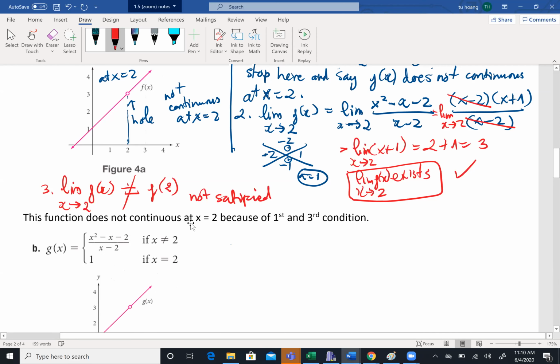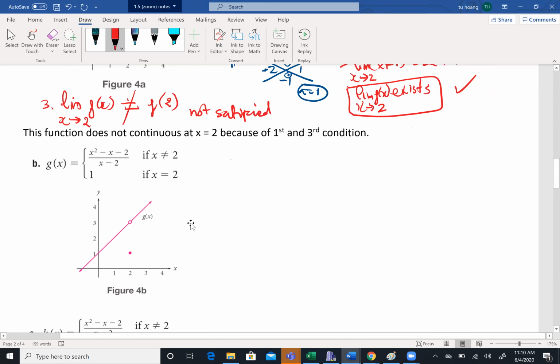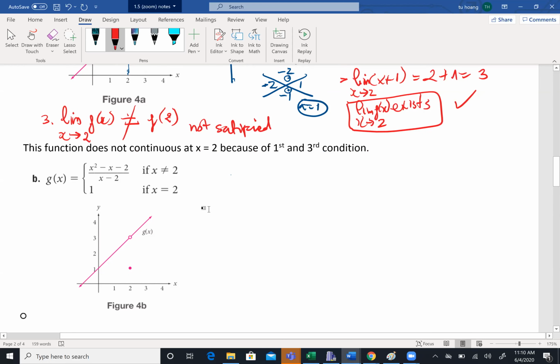And now let's move to problem B. In problem B, if you look at the graph, you can see that there's a hole here, right? And they're asking me at x equal to 2, so I can write what it says.